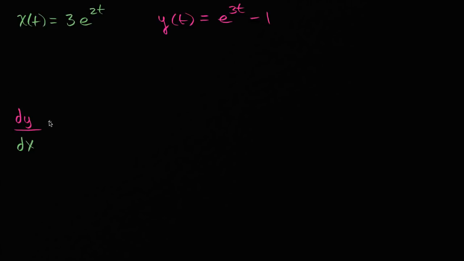And we've seen this before in other videos, where this is going to be the derivative of y with respect to t over the derivative of x with respect to t. And so this is going to be equal to, well, what is the derivative of y with respect to t? dy/dt is equal to, well, the derivative of e to the 3t with respect to 3t is just e to the 3t.